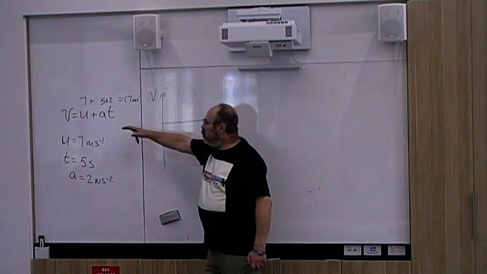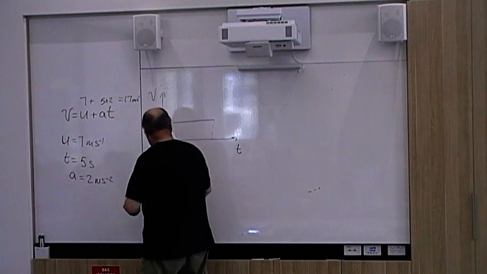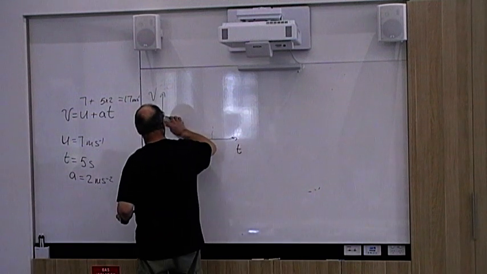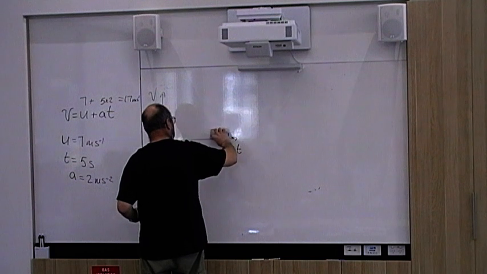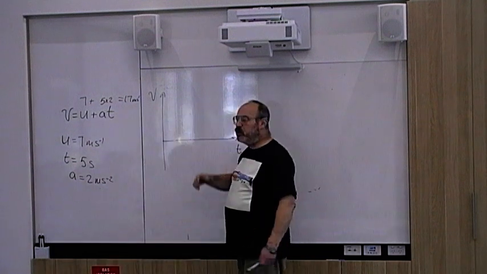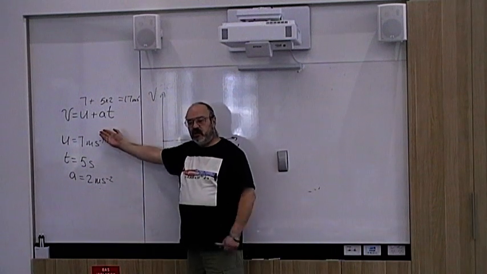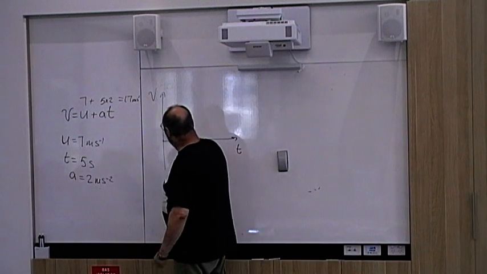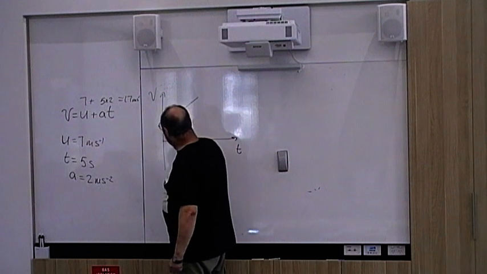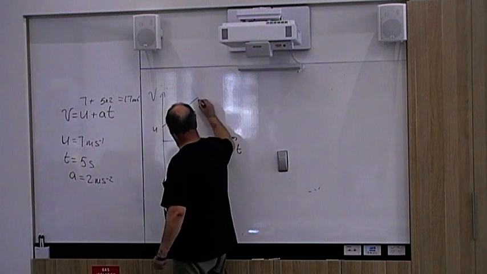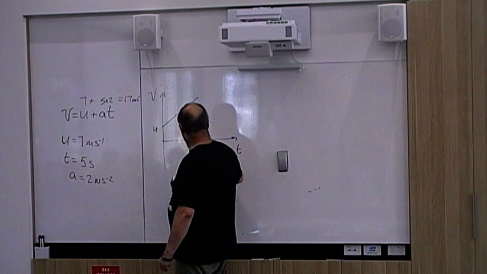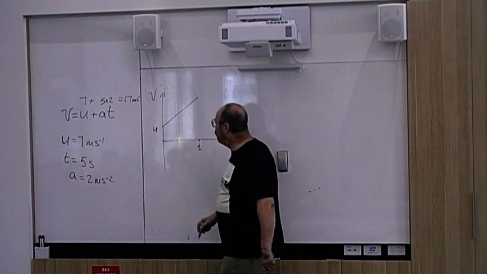So let's sketch this graph, how velocity changes over time when the motion is with acceleration. That will be a straight line but not horizontal, a line like this. That will be the initial velocity, moving on for a certain period of time.